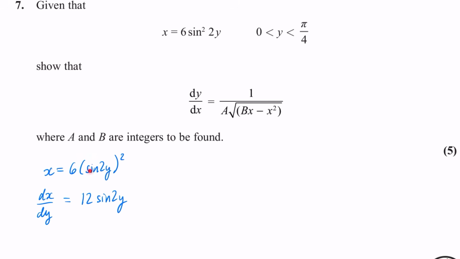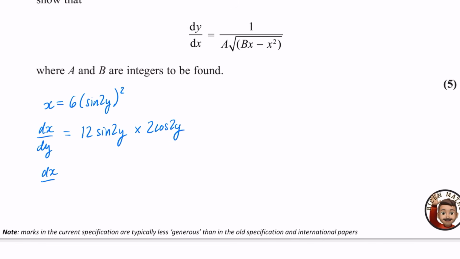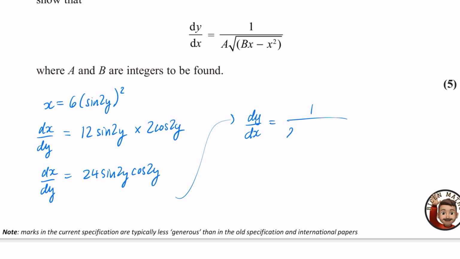But then we also need to multiply by the derivative of sin 2y, which is 2 cos 2y. So let's simplify this a little bit more so that dx/dy is equal to 24 sin 2y cos 2y. Now, if I rearrange this slightly so that I have it as dy/dx, we can just take the reciprocal and we have 1 over 24 sin 2y cos 2y.